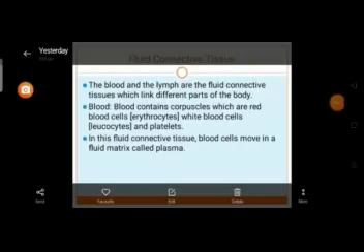Now we see about fluid connective tissue. The blood and lymph are the fluid connective tissues which link different parts of the body. Blood contains corpuscles which are red blood cells that are called erythrocytes, white blood cells that are called leukocytes, and platelets. In this fluid connective tissue, blood cells are present in the fluid matrix that is called plasma.